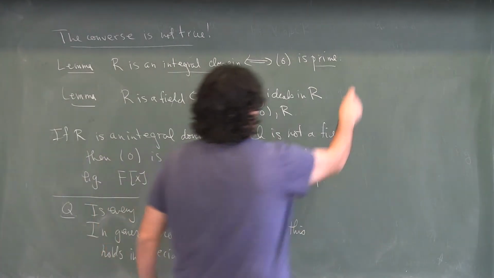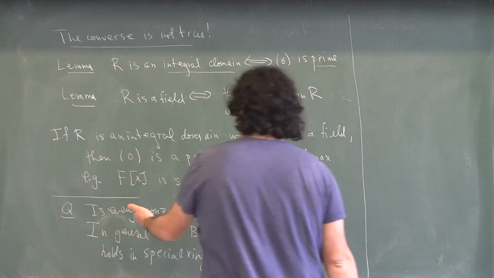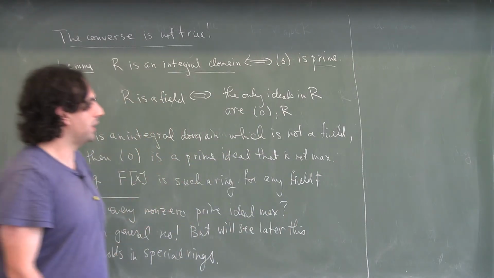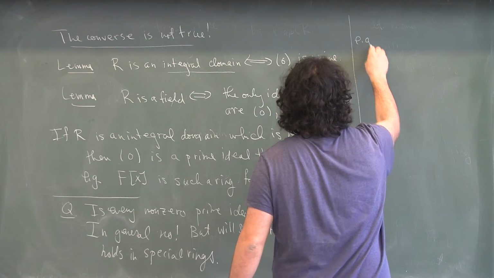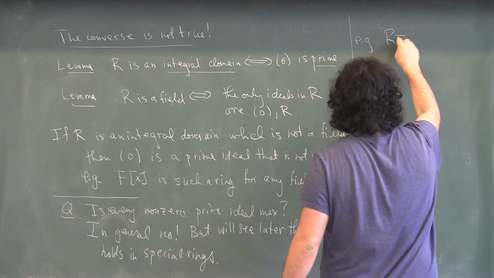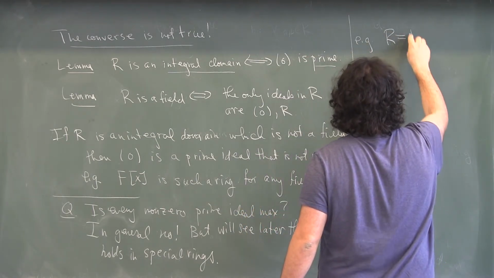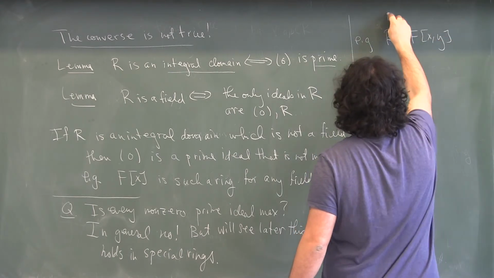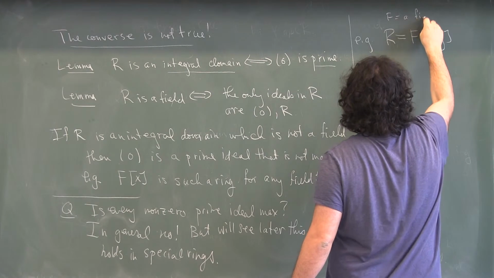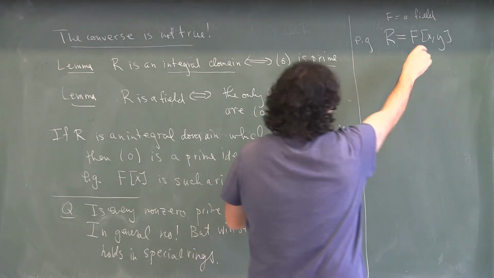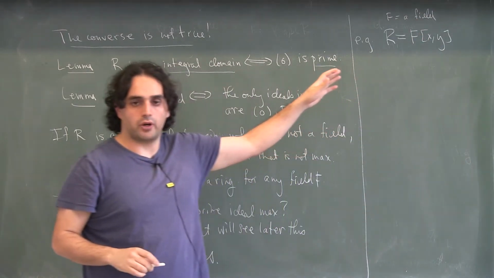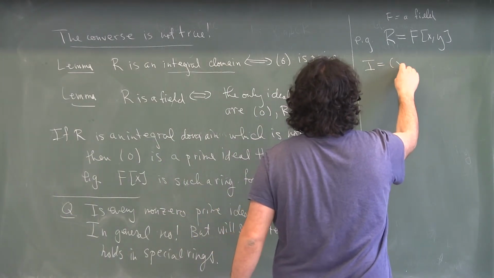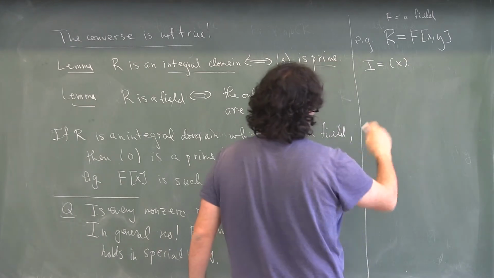But what is an example of a ring with a non-zero prime ideal that is not maximal? So we can take R to be F[x,y]. So here F is a field. R is the polynomial ring over F in two variables. I take the ideal I to be the ideal generated by x.